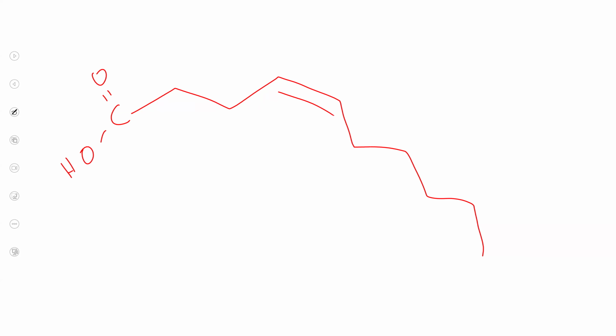And so you want lots of unsaturated fats, but what they figured out in the 80s is that if you make a trans unsaturated fat, a trans unsaturated fat looks like this. So you still put a double bond in the middle, but it doesn't add that kink to the fatty acid chain.